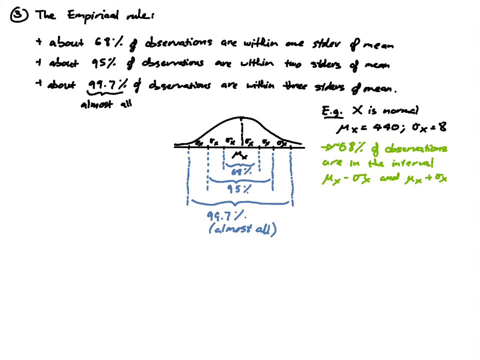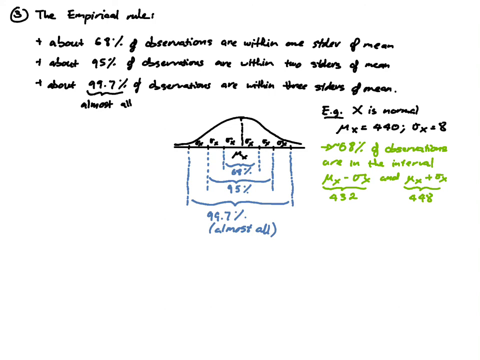So this is the interval one standard deviation away from the mean. If you plug the numbers in, this is 440 minus 8, that gives you 432, and this over here gives you 440 plus 8, that's 448. So about 68% of the observations are between 432 and 448.